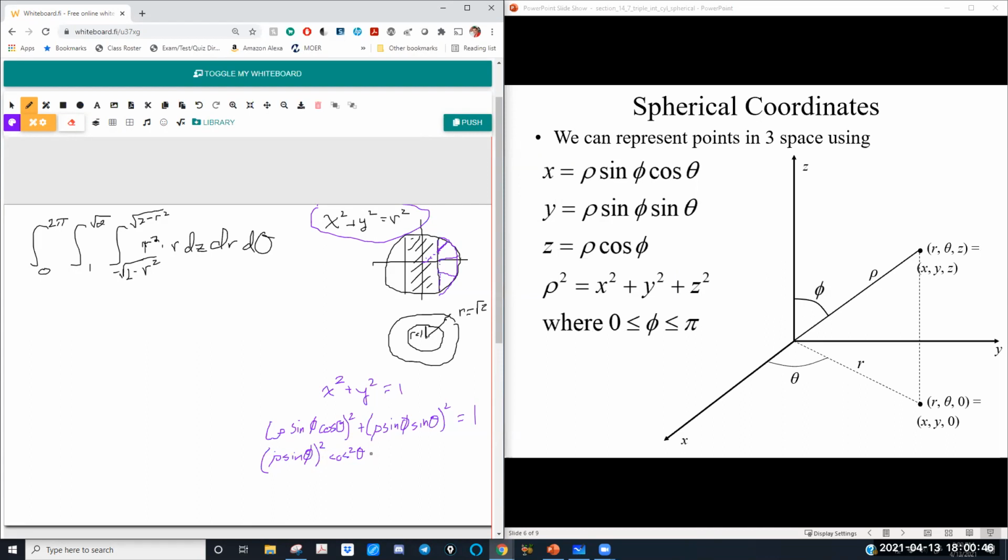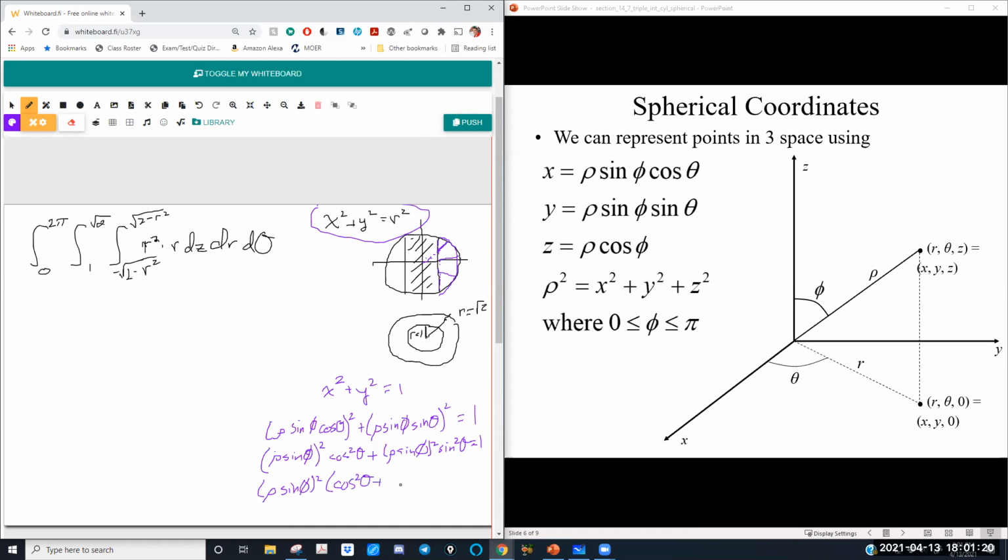It's not a big deal, but because I know where we're heading on this one, I'm kind of going a step ahead. And this one, (rho sine phi) squared sine squared theta equals 1. Now, what's nice about this is I can factor out the (rho sine phi) squared, and look at what's left.